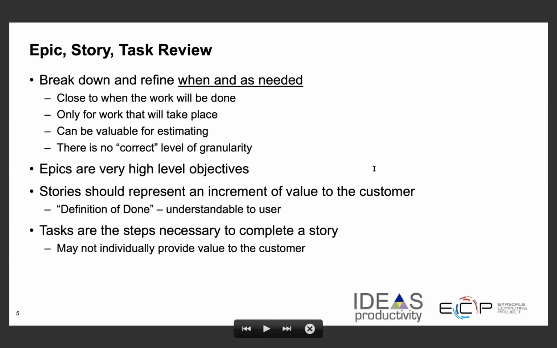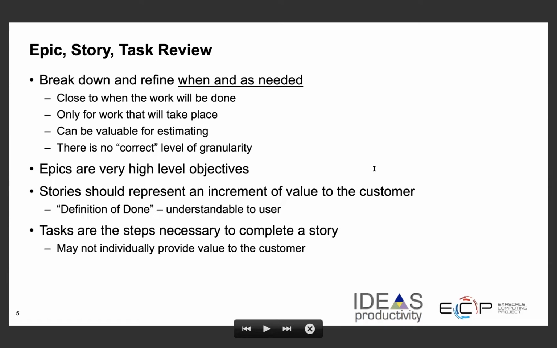Some important things to remember, also mentioned on the slide, is that you need to break down and refine your high-level epics into stories only when you need to and as you need to. Ideally, you would want to refine them when you're getting close to the time of the actual work being done. If you refine them too early, you might have to change them later based on changing requirements.